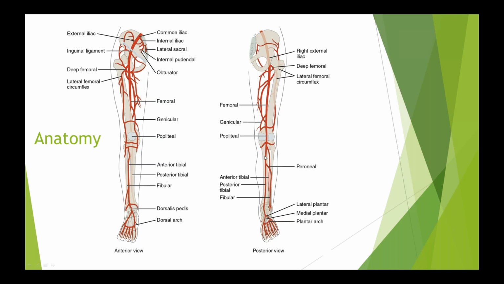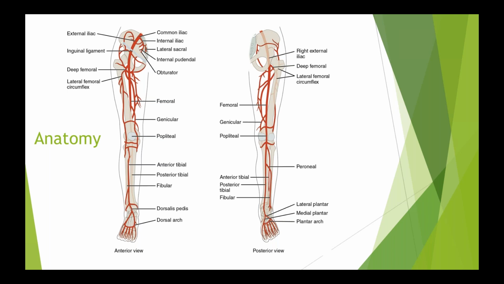The popliteal artery terminates into two branches, the anterior tibial artery and the tibioperoneal trunk. The anterior tibial artery then passes down through the interosseous membrane, the lateral aspect of the leg in the anterior compartment, and it continues to the dorsum of the foot as the dorsalis pedis artery.